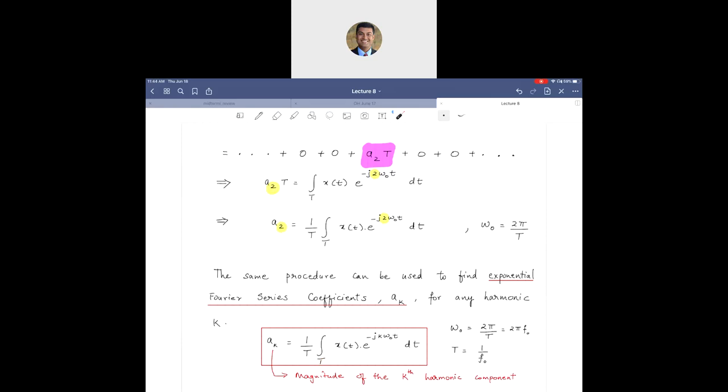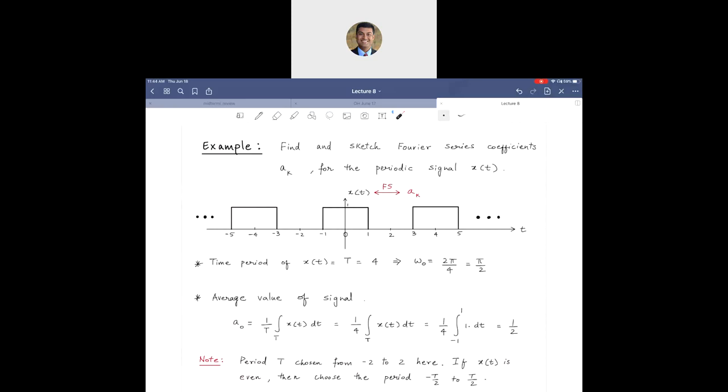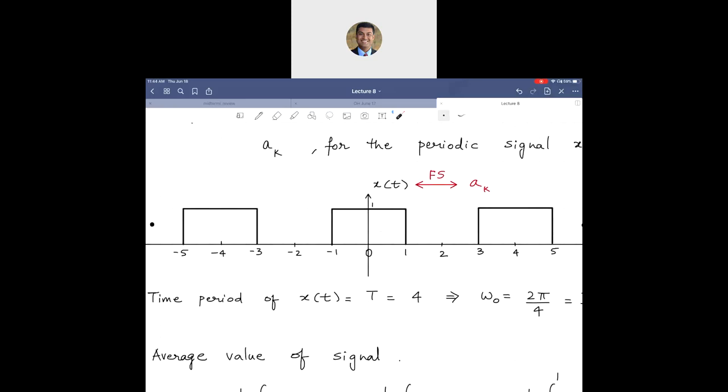What I mean by that is this. Well, I will talk about that in the context of the example that we are just going to do. When I say integrate over one time period, somebody could choose 0 to 4 in this case, right? 0 to 4 is one time period for this x of t.